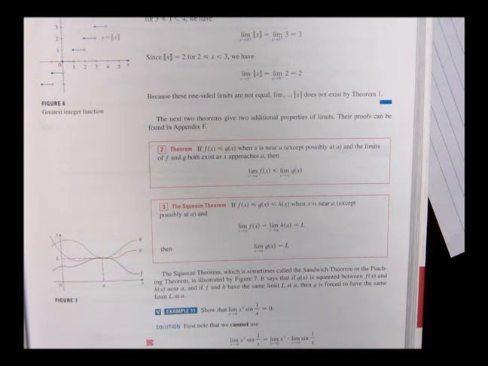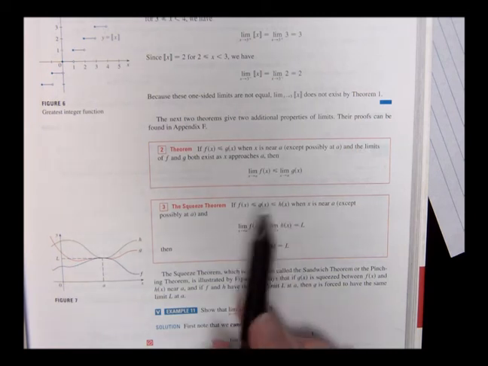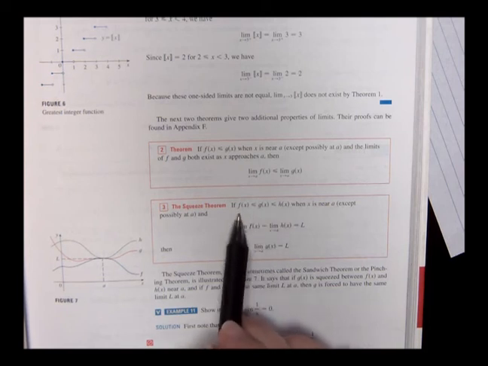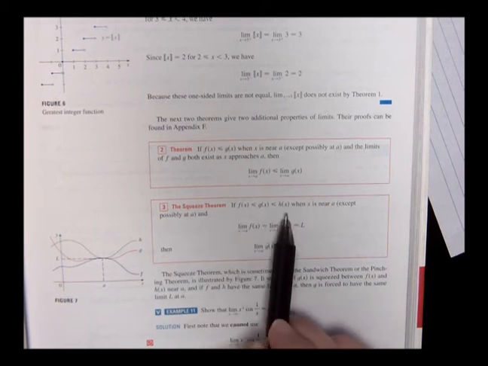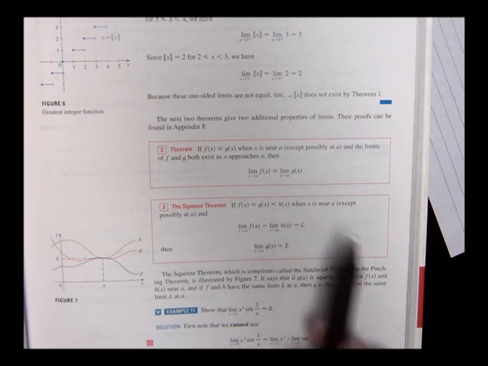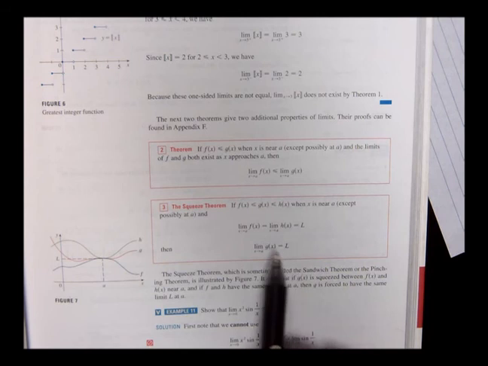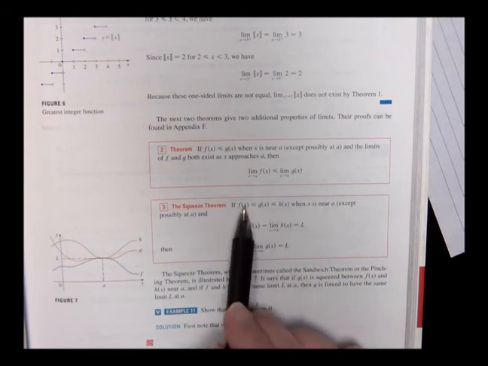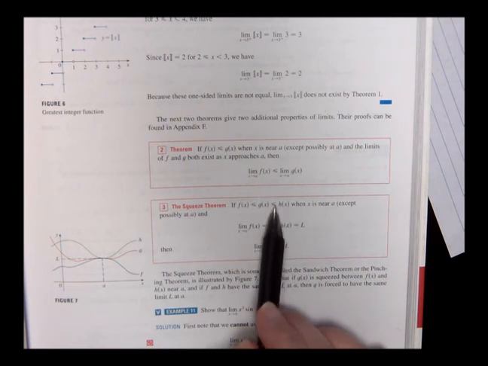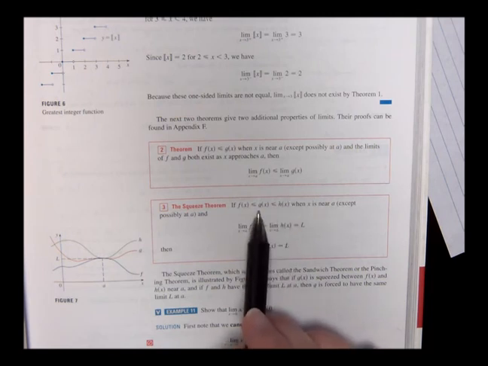So the squeeze theorem: if you have a function g of x, and you have f of x on this side, and h of x on this side, when x is near a, then if this function's limit is 10 and this function's limit is 10, the function in the middle's limit also must be 10.